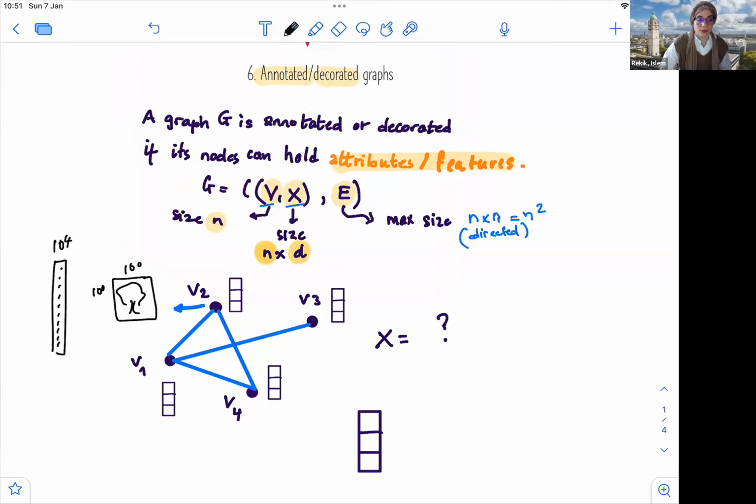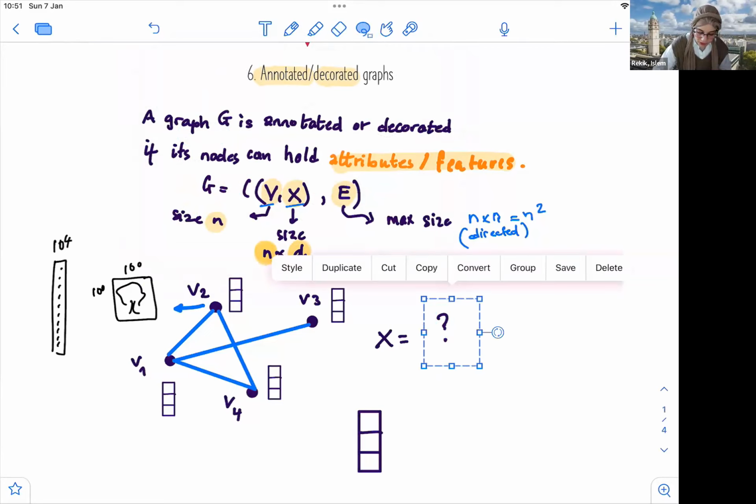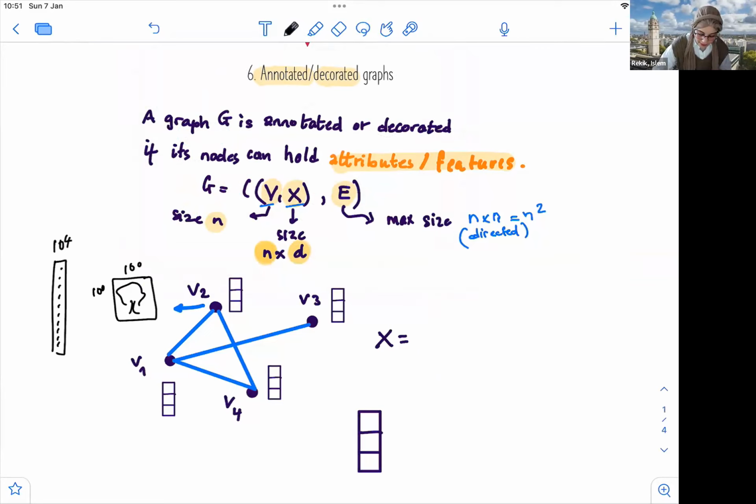So here in this example, we have this graph. The question is, what is the dimensionality of X? Think about the dimensionality of X. We said we have 4 nodes, so we have 4 here.